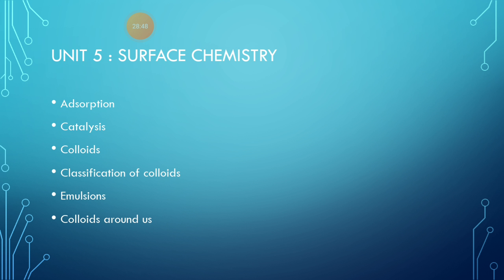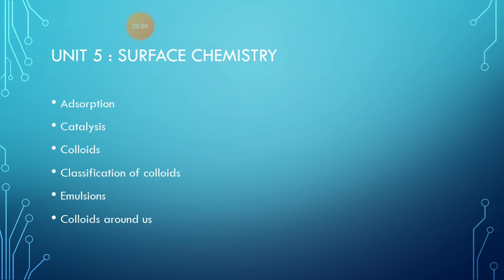So this is the part we call group first, physical chemistry. This physical chemistry has a total of 5 topics, and we are going to learn these many points in this particular part.